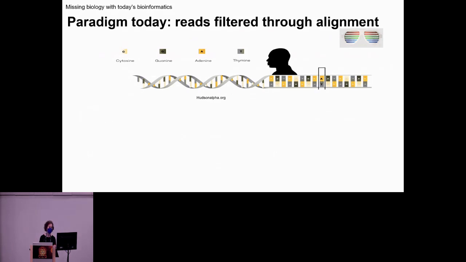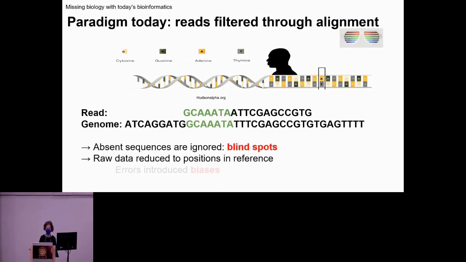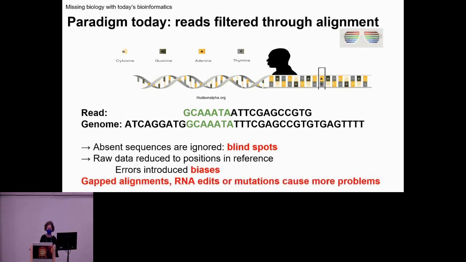Blind spots: reads that are absent from the reference are missed, not included. And this problem persists through other tasks that we have asked aligners to do, such as gapped alignments to discover RNA splicing, mismatch reporting for discovering RNA editing or mutations. In each of these tasks, when aligners are asked to do them, they either struggle or fail in many cases.